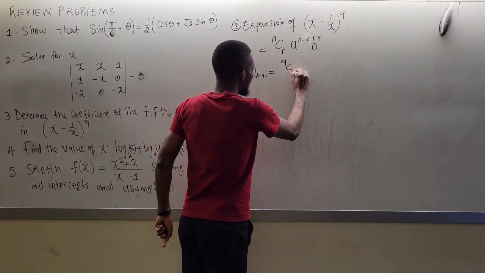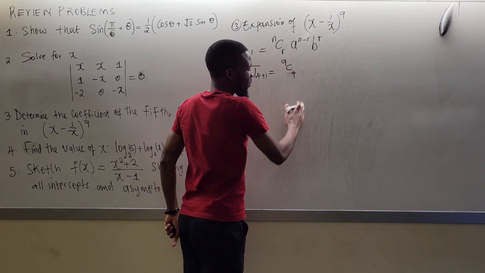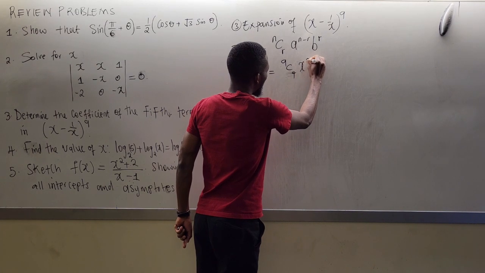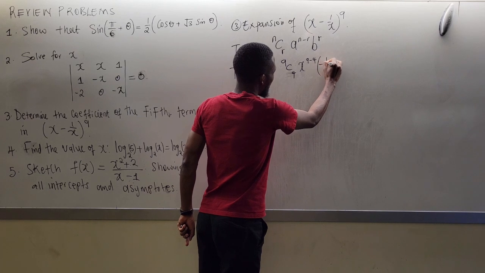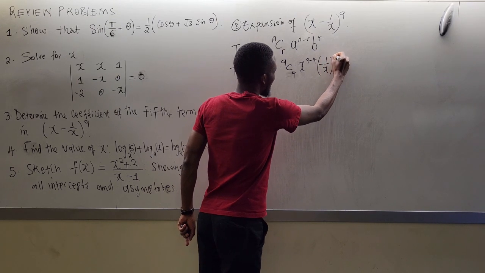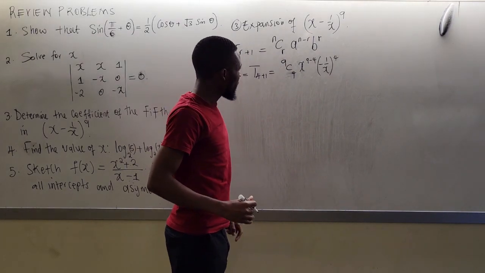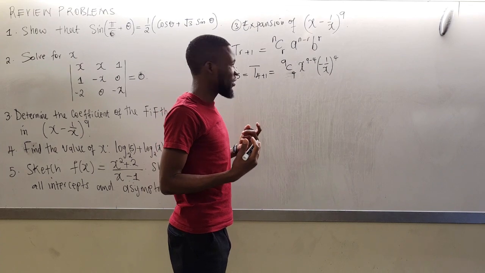And this will be 9 combination 4. And the first term is x power 9 minus 4. Then we can have 1 over that, then power r, which is 4. Okay? Now, we are only interested in the coefficient, right?